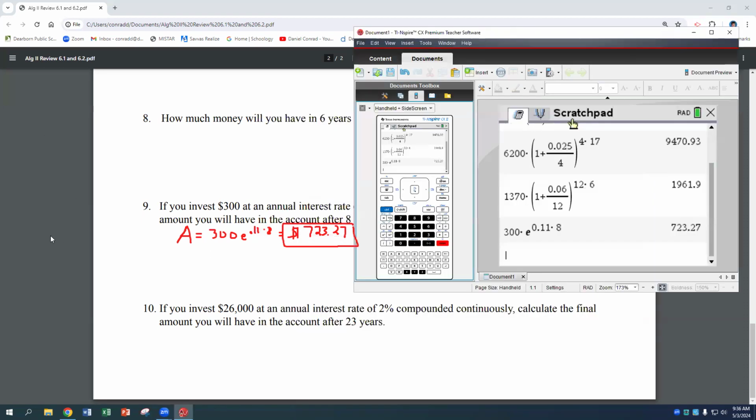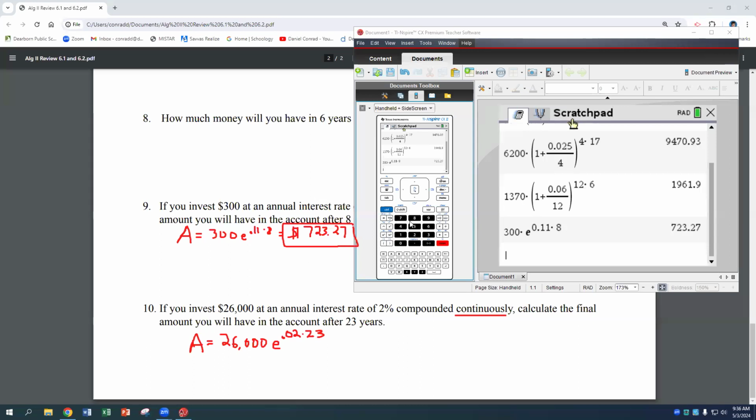Awesome. The last one here, again, compounded continuously, so we're using the same formula. So we're going to invest $26,000 this time. Annual interest rate of 2% compounded continuously. Calculate the final amount after 23 years. So we're going to do e to the 0.02 times 23. And we can put that in our calculator.